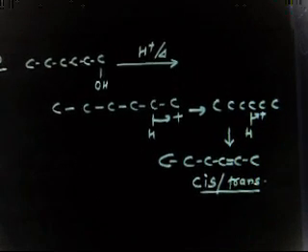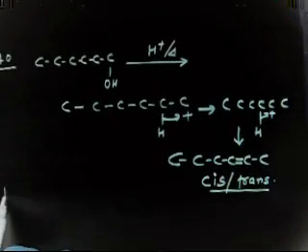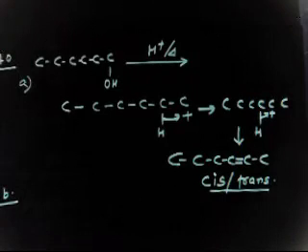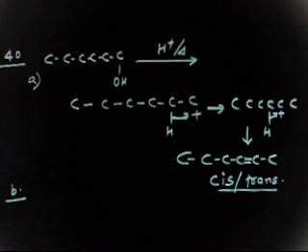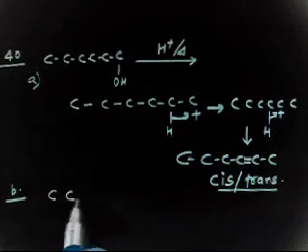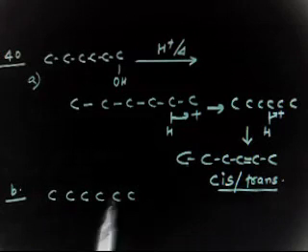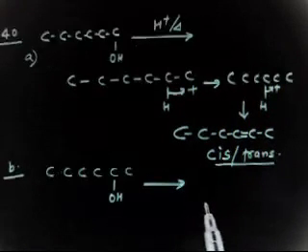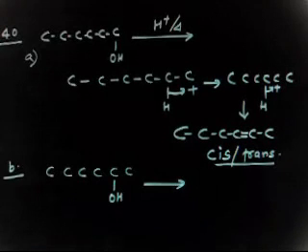Now let us say part B. So this was part A. So part B, what will we have? Dehydration of 2-hexanol. So you have 2-hexanol. This is easy. 1, 2, 3, 4, 5, 6. Now in this case there is no point of rearrangement even. So let us write down the product.